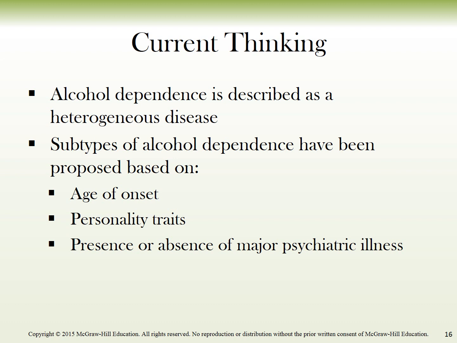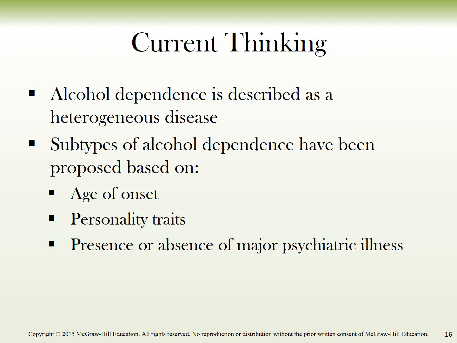There's a variety of factors that contribute to it, and a variety of symptoms that are indicative of it, so it does not look the same in every person. There is also some recognition that there are factors that may specify, not species, but subtypes of alcohol dependence or alcohol use disorder, in part based upon age of onset. Earlier onset correlates with more problems during the course of one's lifetime.